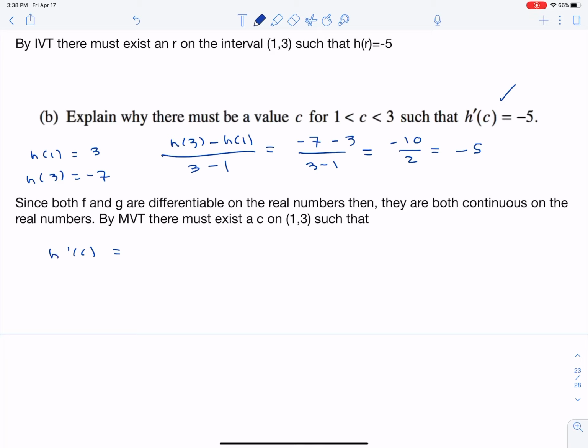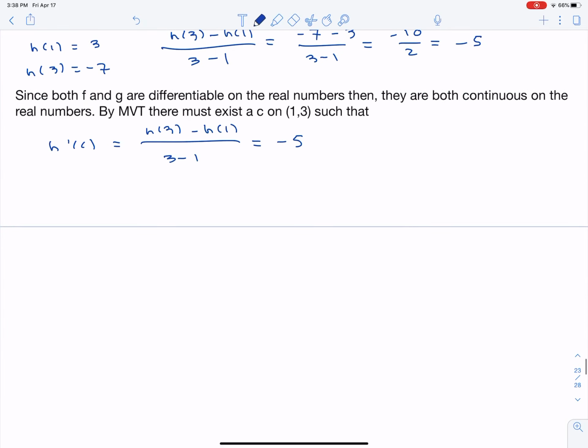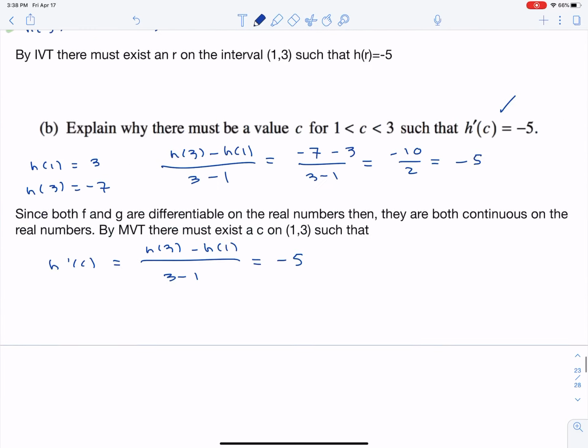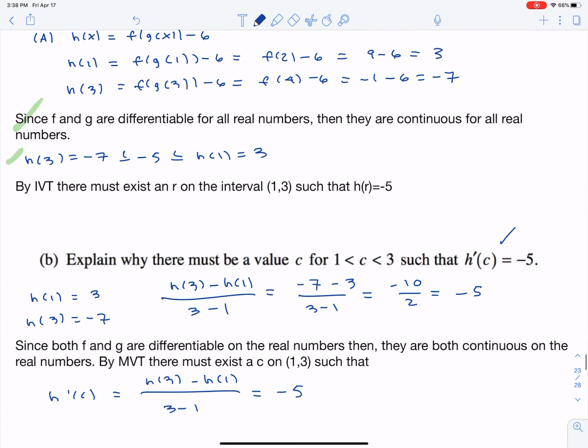H prime of C equals the slope of the tangent line between those two points. Okay, so again, I asked what I need in order to use MVT, I showed that I met the requirements, and then I gave my conclusion based on that. Let's continue. Letter C. Let's go and grab letter C again.